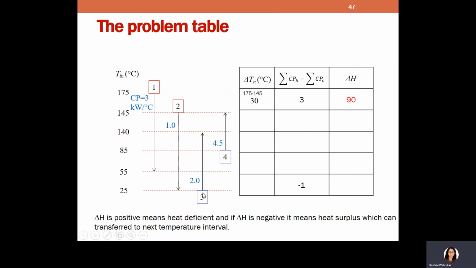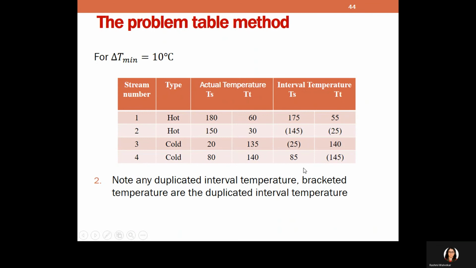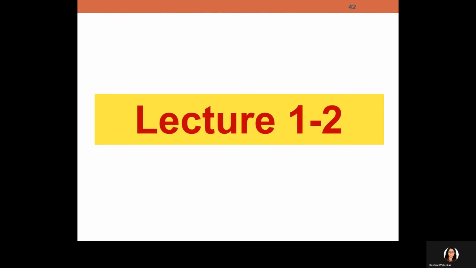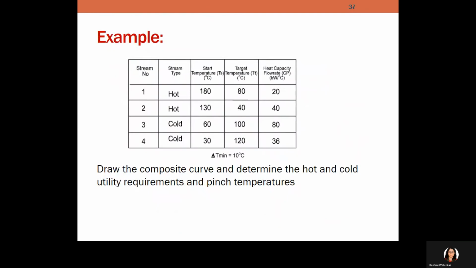Similarly, the cold stream is heated from 20. Draw the line with an upward arrow. Similarly, repeat for stream 4. So write all the CP values that are given to you previously: 3, 1, 2, and 4.5.